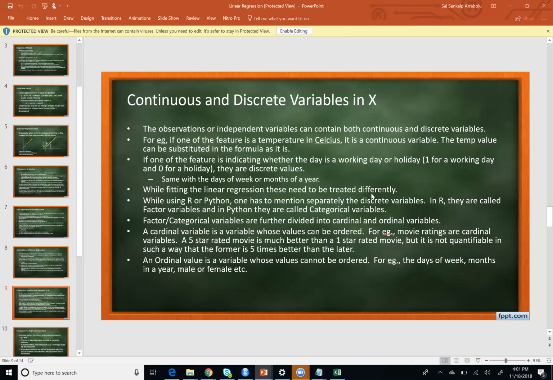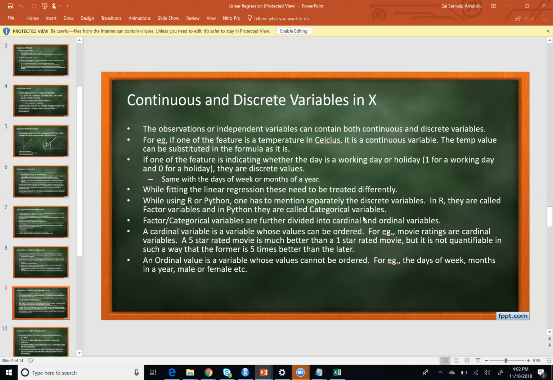While using R or Python, one has to mention the discrete values separately. In R, they're called factor variables. In Python, they're called categorical values. Remember, when we were doing the exercise on Indian liver patients, we had the gender, which was male or female.